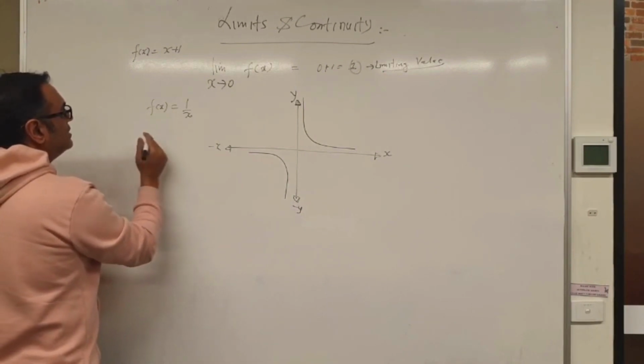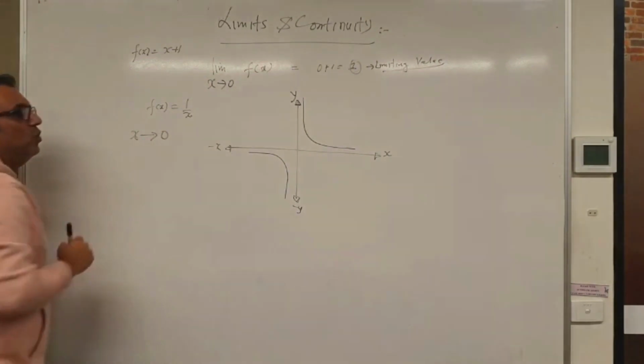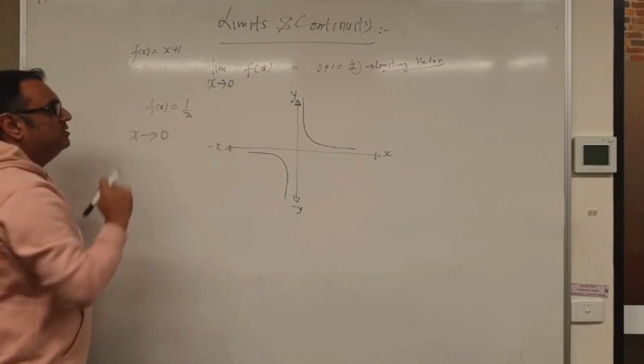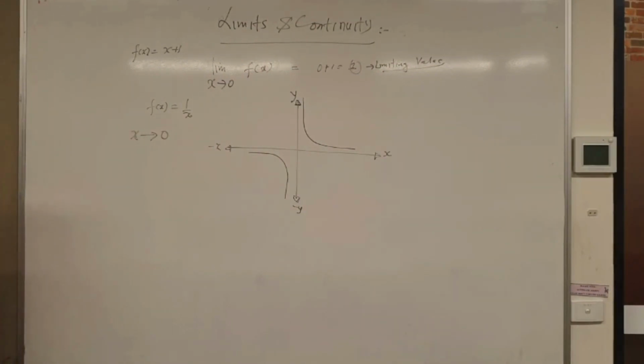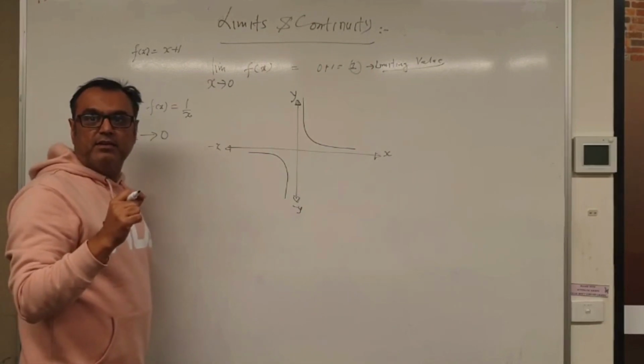As x approaches 0, what will be the value of this function? As x approaches 0, that means you are on the y-axis, correct?